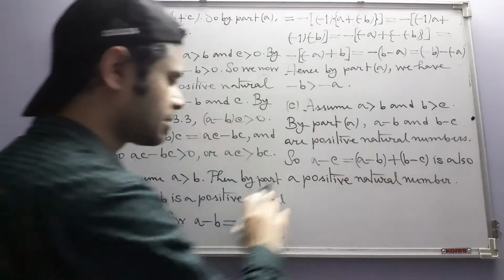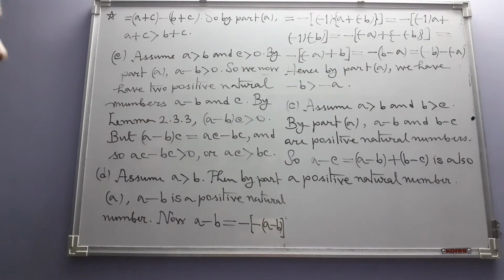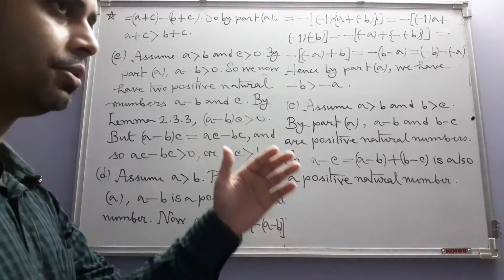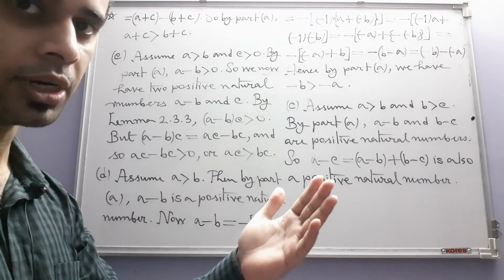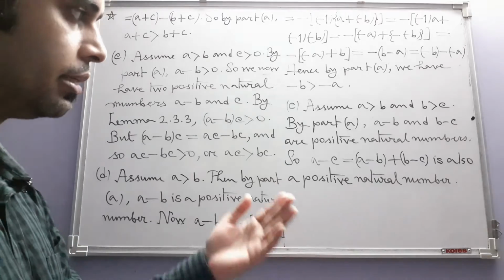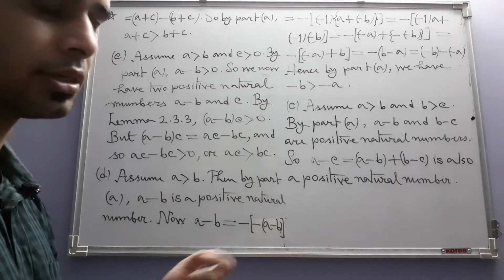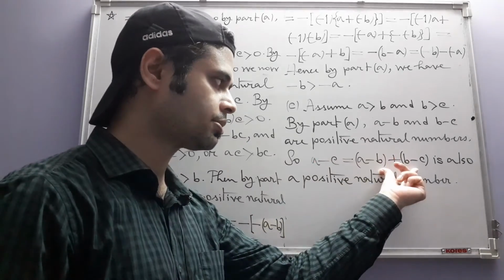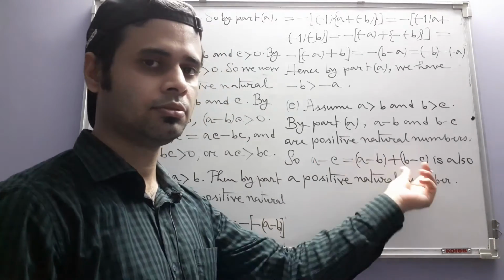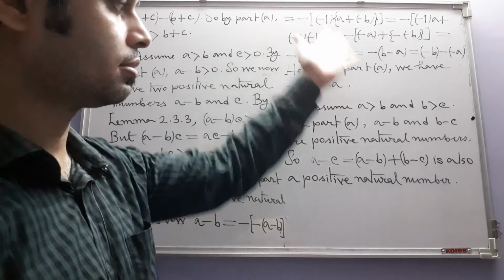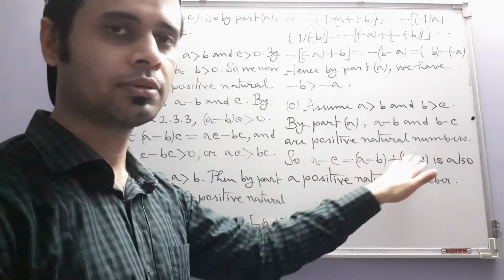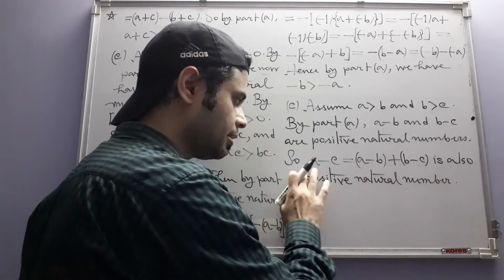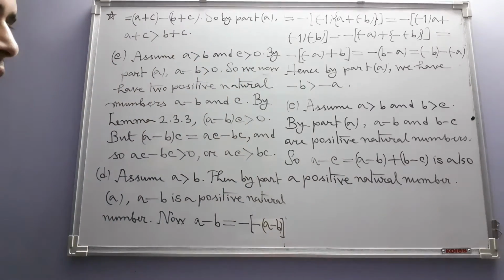It was some 2 to 10 or something like that, but it asserts that if you add two natural numbers, at least one of which is positive, then the sum is also positive. So we are using that here. And as far as this calculation is concerned, I leave it to you to do the elaborate justifications. So you will see that ultimately you end up with A minus C.